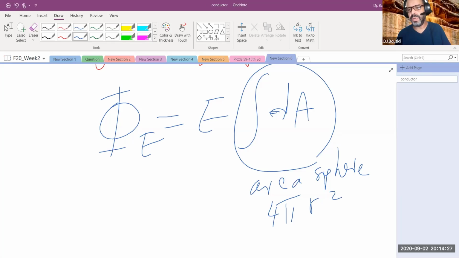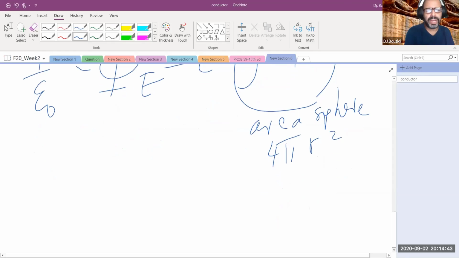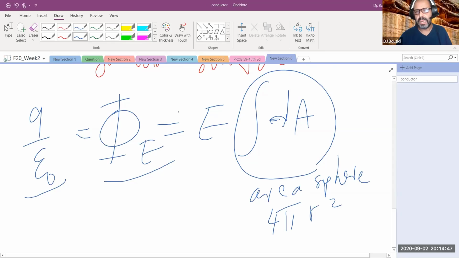The point here is, from Gauss's law, you don't want to do this integral at all. So per Gauss's law, the flux must also be equal to Q divided by epsilon naught. So now we're ready. This part we got from Gauss's law, and this we just computed, the flux, using the symmetry. So at the end, this is the answer.